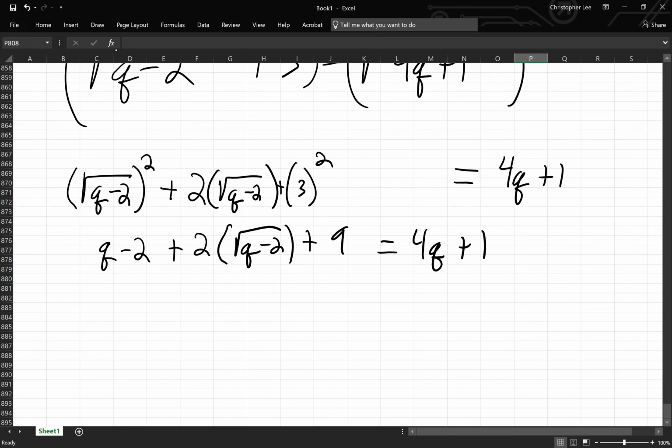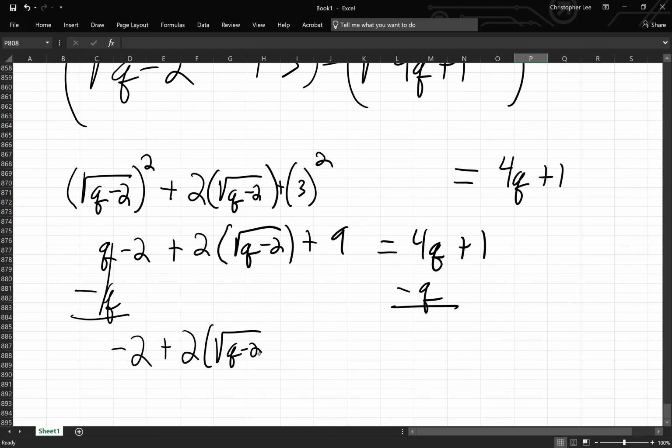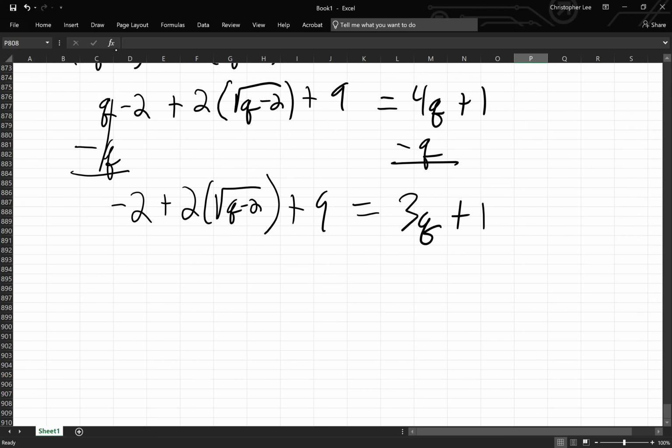The issue here is I still have a radical, right? So let's move everything to one side. I'm going to subtract q from over here. Whatever I do to one side, I do to the other. So now I have negative 2 plus 2 square root of q minus 2 plus 9 is equal to 3q plus 1. All right. Let's combine like terms.